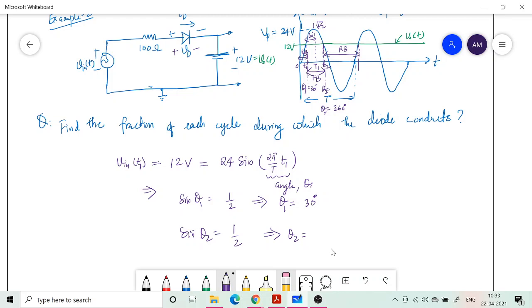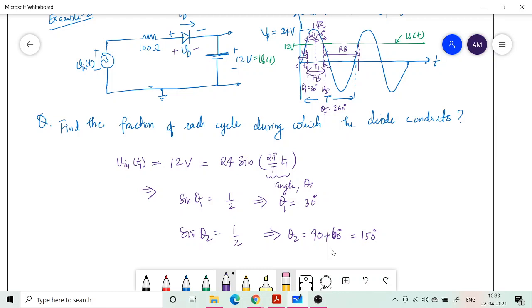Since it is symmetric, there will be a 60 here also. 90 plus 60 is how much? It is 150 degree. Understood?